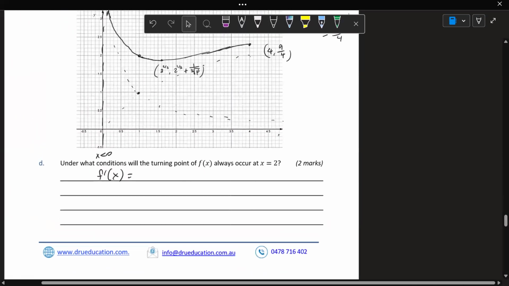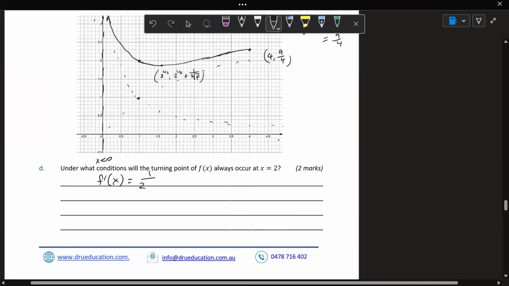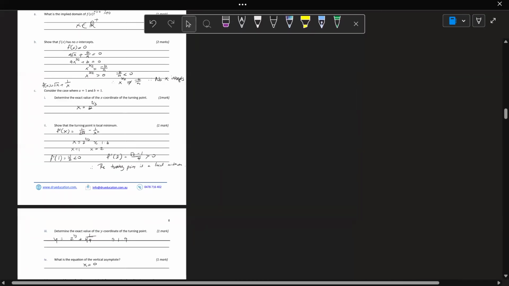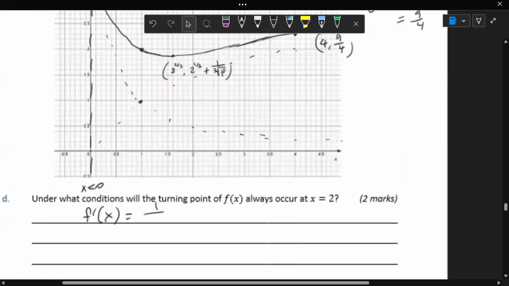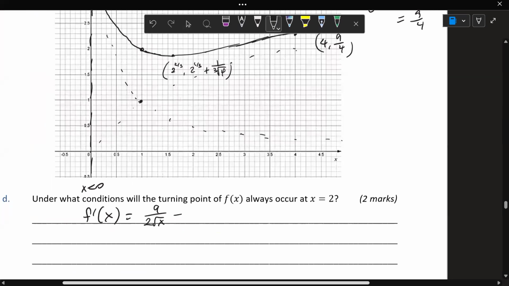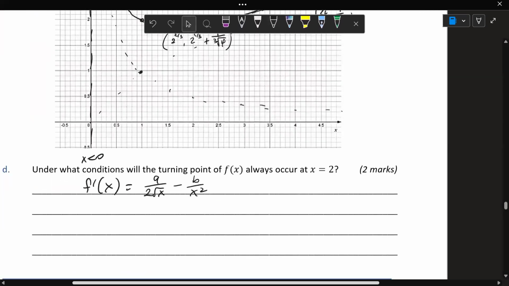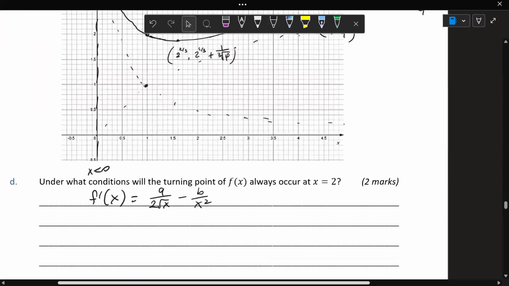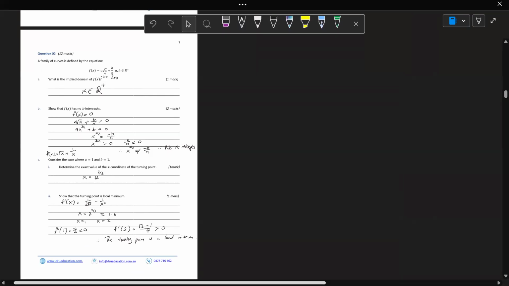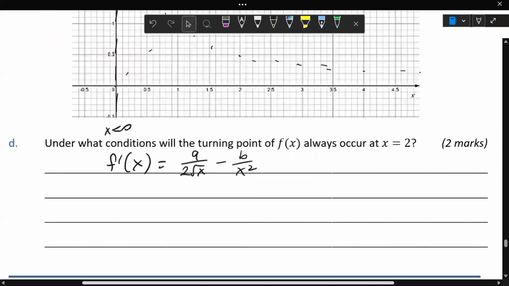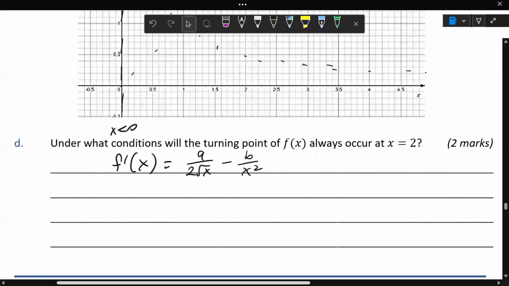So it's a over 2 root x minus b over x squared. And for the turning point, you let it equal 0.